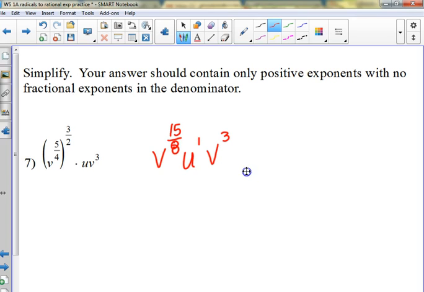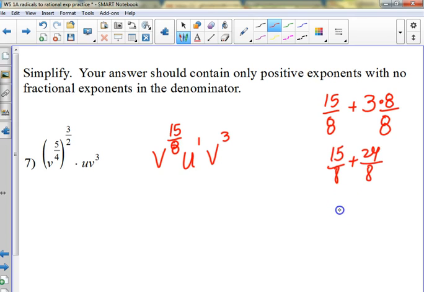Okay, yes, because we need to add them, yes? 15/8 plus 3. What's 3 as 8ths? 24/8. So 15/8 plus 24/8 would be 39/8. Okay. So if we want, we could just write u and v to the 39/8, right?